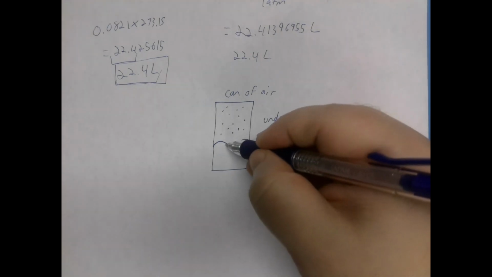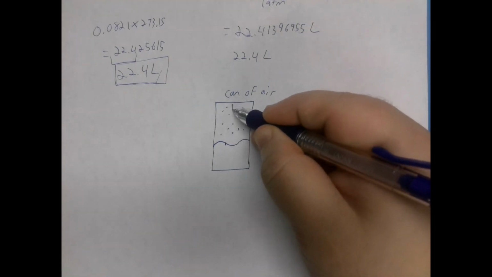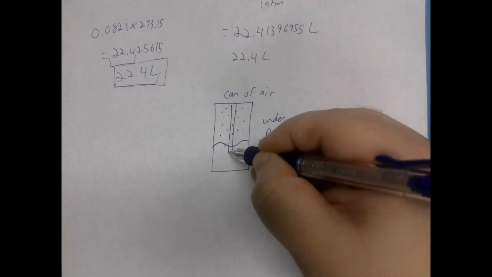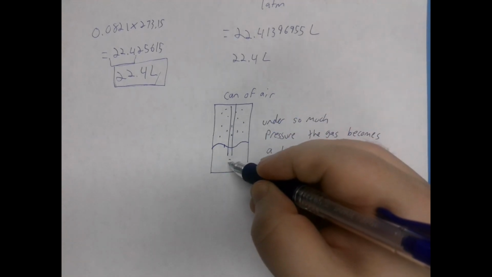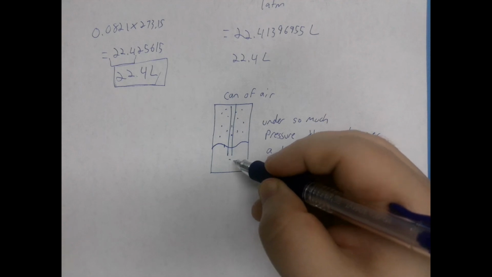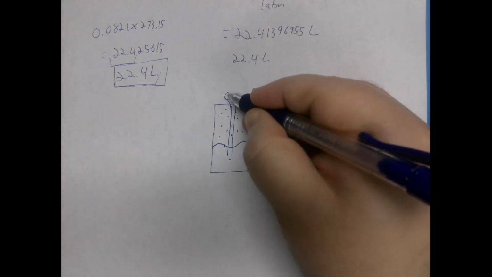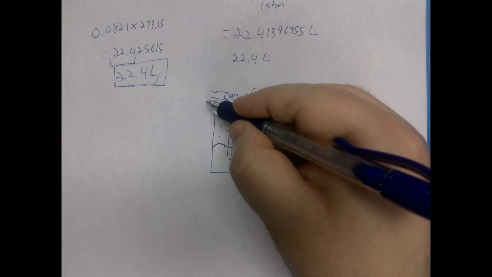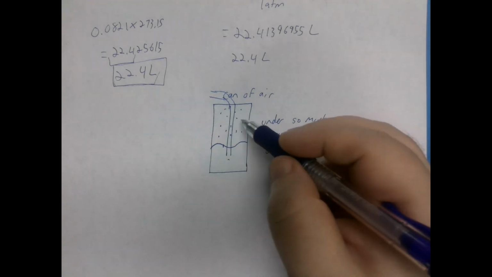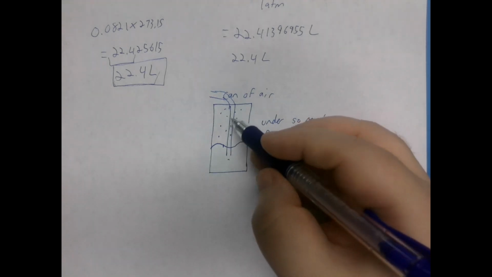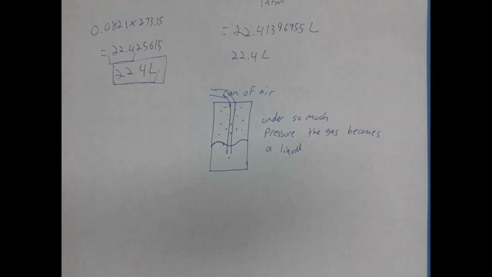When you start using it, there's a straw connected down here into the liquid. This is under high pressure, several atmospheres of pressure. Whenever this gas comes out, the liquid is going to immediately turn back into a gas. So when you're using a can of air, what's happening to the volume inside?